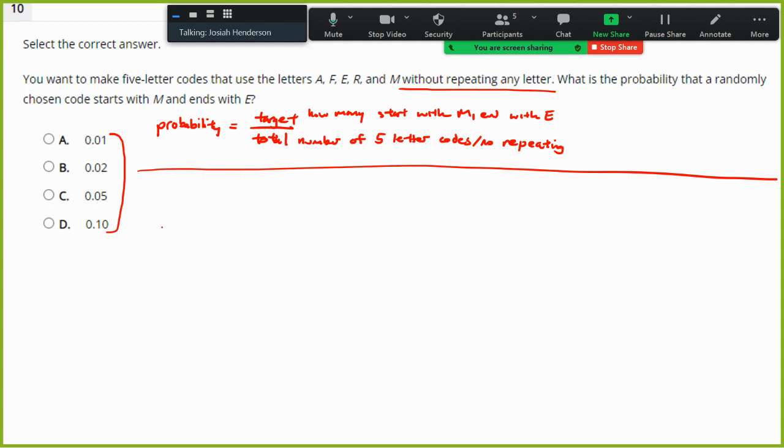We want to arrange A, F, E, R, M, all the different ways. Just to give you a visual idea, here's one way, A, F, E, R, M. Here's a second way, A, F, E, M, R. So we essentially want to know how many different arrangements of these 5 letters exist.